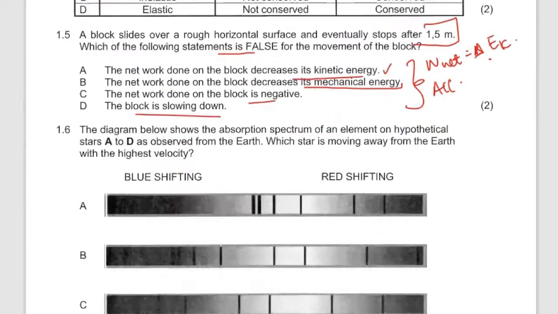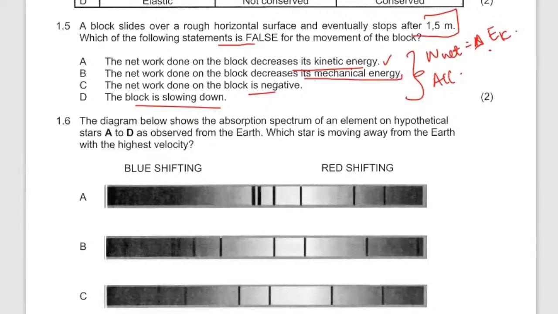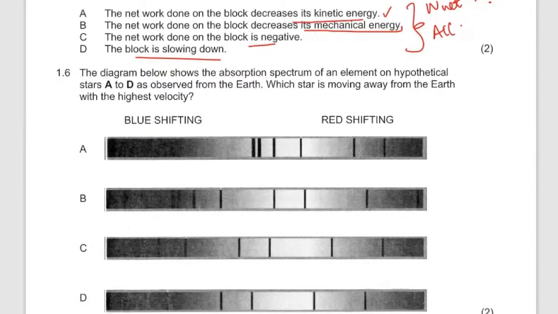1.6. The diagram below shows the absorption spectrum of an element from hypothetical stars A up to B, as observed from the Earth. Which star is moving away from the Earth with the highest velocity? So v equals f lambda. If the velocity is high, then we expect the wavelength to also be long.